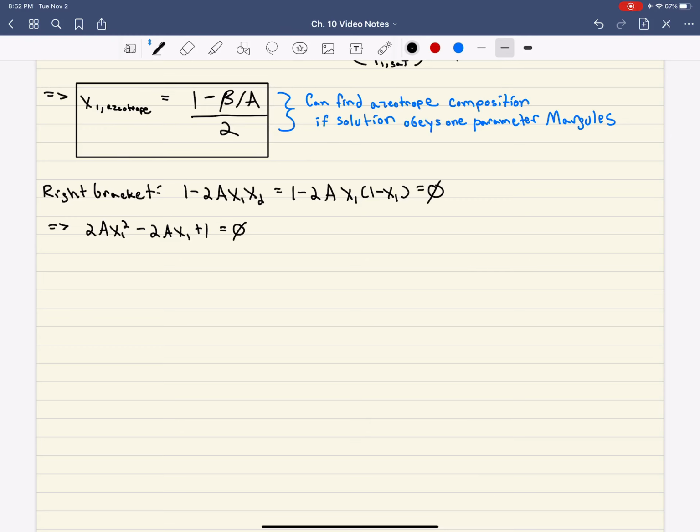And essentially what we get is a quadratic equation where the solution would correspond not necessarily to the azeotrope formation, but to the case where we would have liquid-liquid phase separation in the mixture.